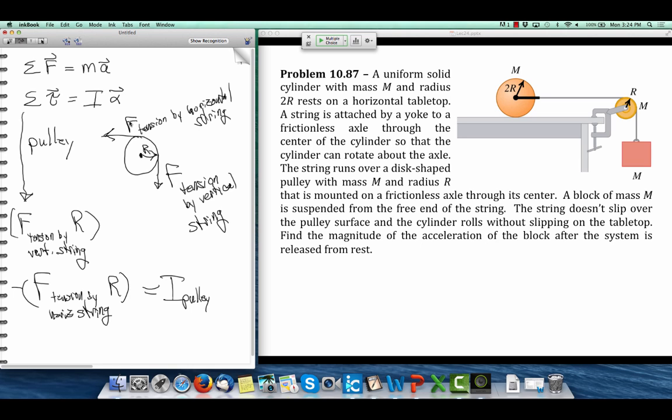The friction force by the string is rotating the pulley. The reason I can take the difference between those two is because, by Newton's third law, the difference between those two is just the friction force backwards by the pulley on the string. So then this gives you an equation for the angular acceleration of the pulley.